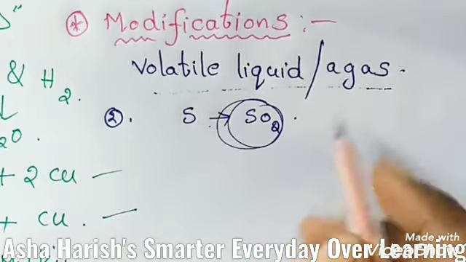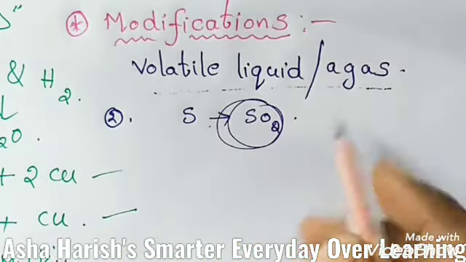And if you take lime water, Ca(OH)2, calcium hydroxide, and add the formed sulfur dioxide, SO2, then calcium sulfite, this is milky white, plus water will also be formed here.